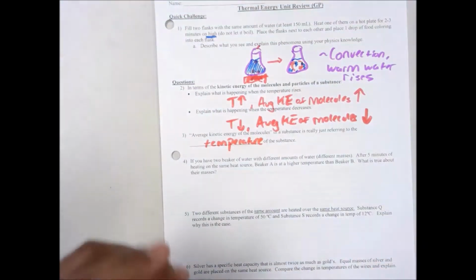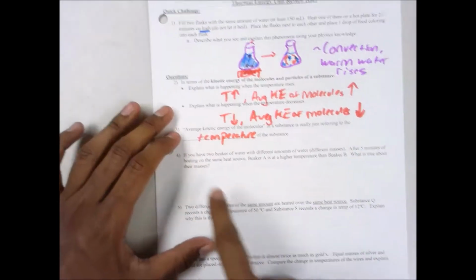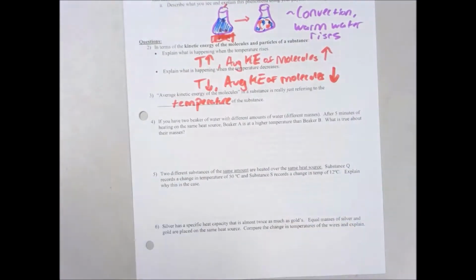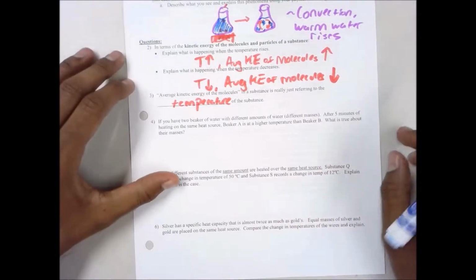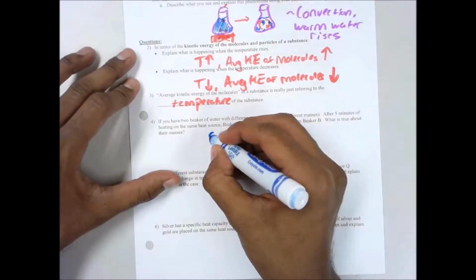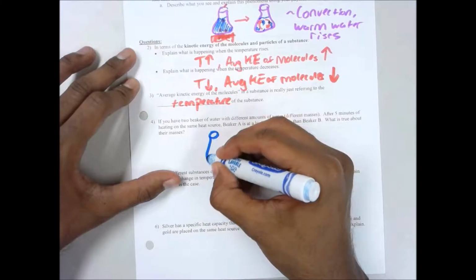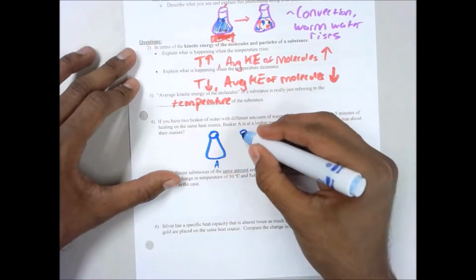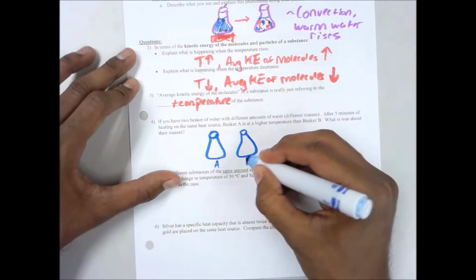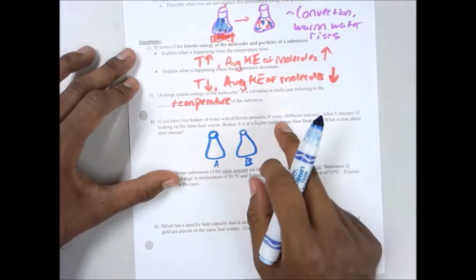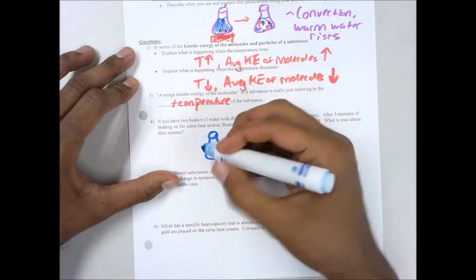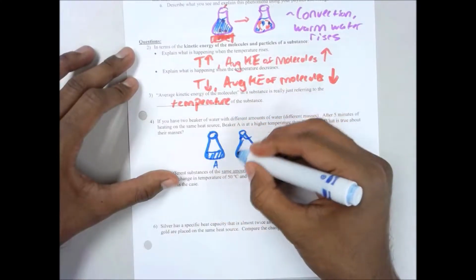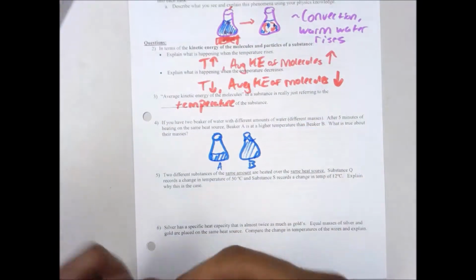Now, if you have 2 beakers of water with different amounts of water, after 5 minutes of heating on the same heat source, beaker A is at a higher temperature than beaker B. What is true about their masses? If A is at a higher temperature than B, then clearly A had to have less water if they're under the same heat source.